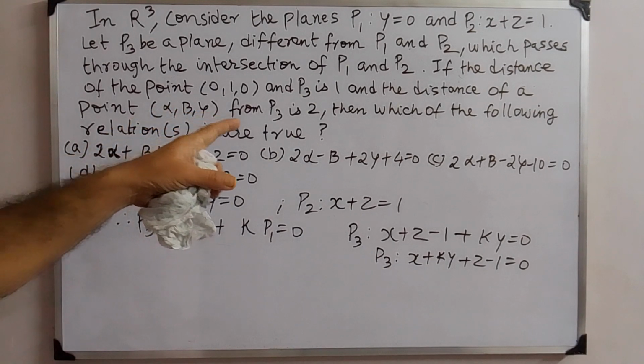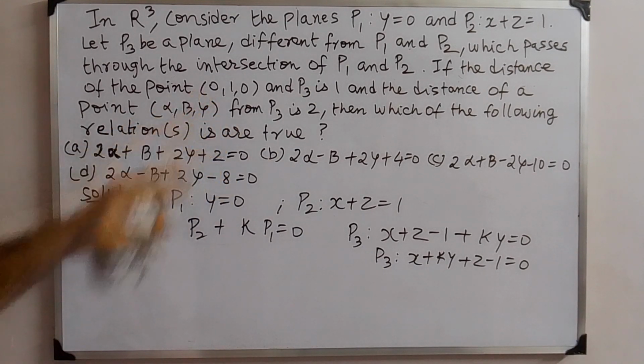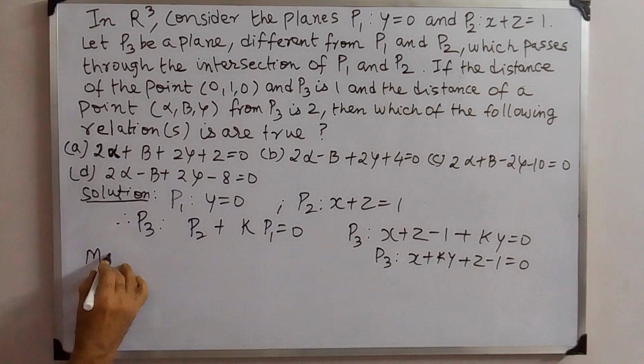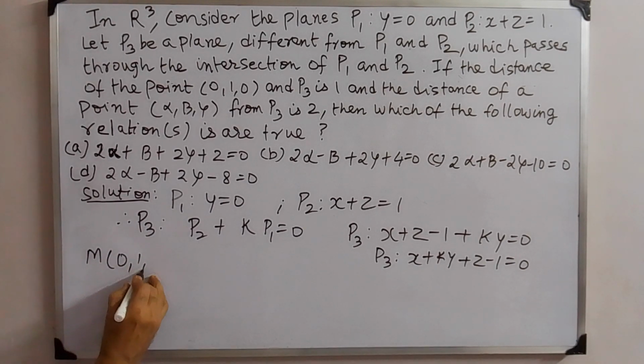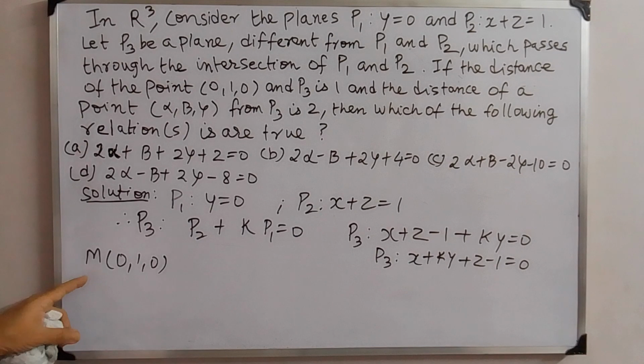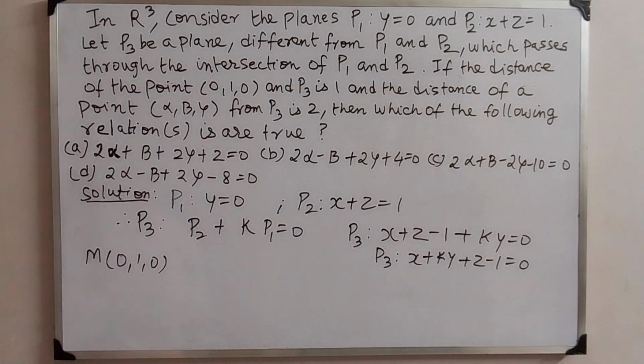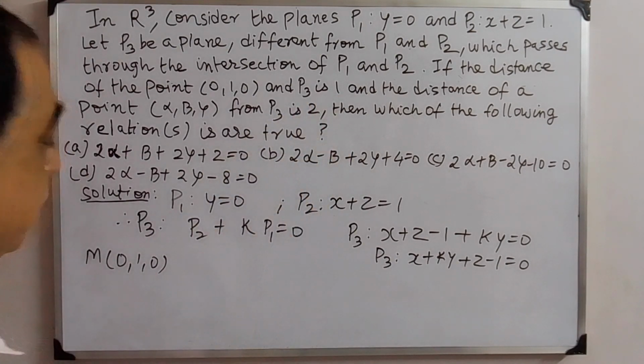Now the sum is saying that there is a point (0, 1, 0). Let this point be M. It is telling that the distance of this point from P3 is 1.